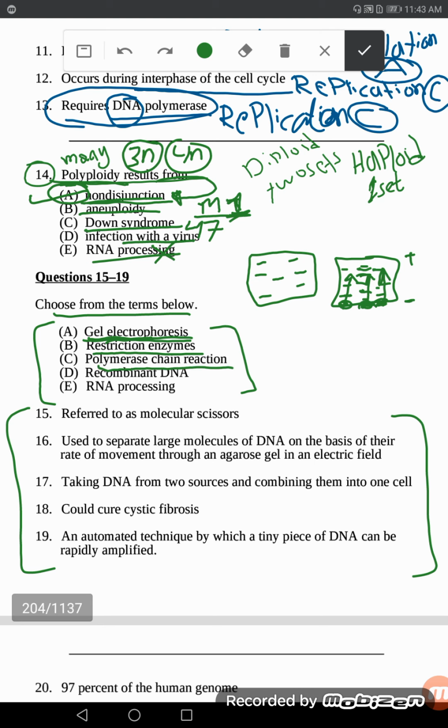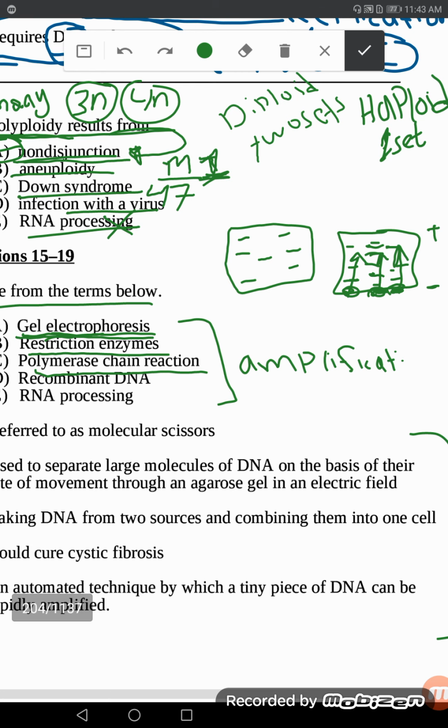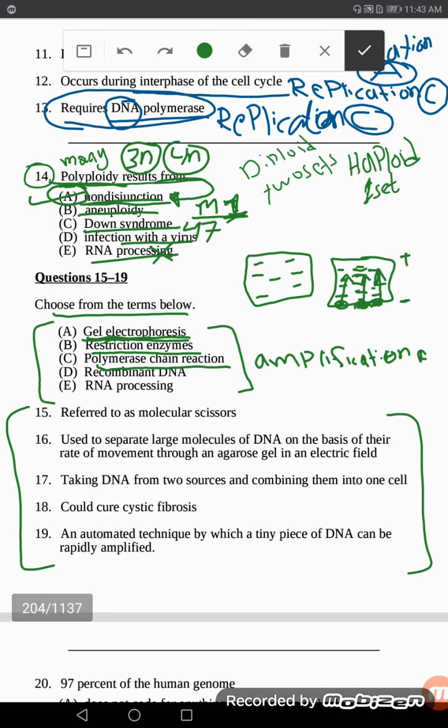Polymerase chain reaction is a process used for amplification of DNA. It means copying a DNA sample inside the lab by using a machine we call a thermal cycler. This is the name of the machine, while the name of the process is polymerase chain reaction.